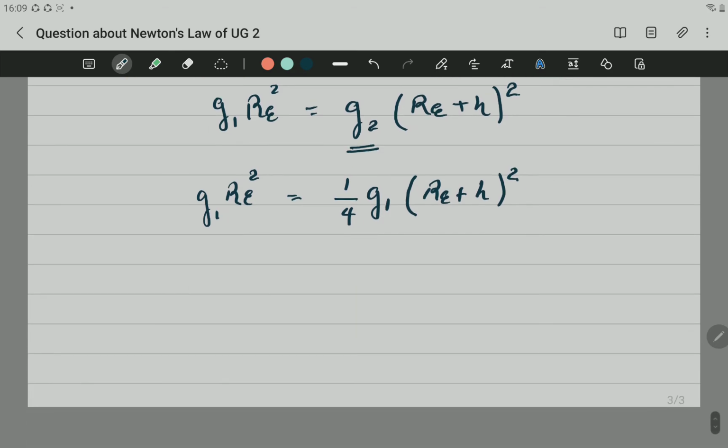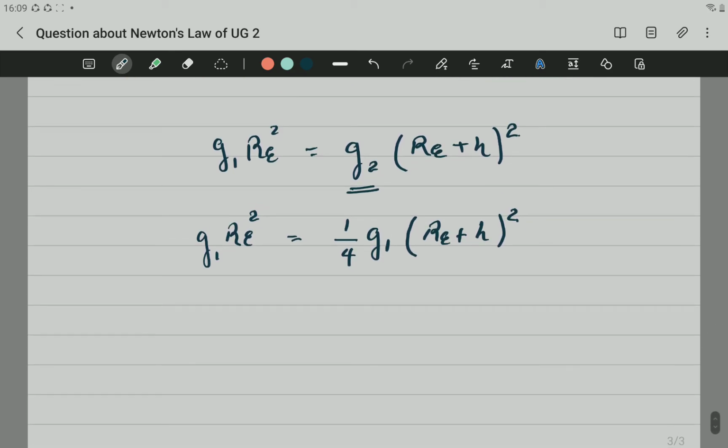If we move this 4 to the other side, we have 4, and not 2, I would like to do that once more, I'm very sorry. It's 4 multiplied by the acceleration due to gravity at the surface of the Earth multiplied by the radius of the Earth to the power 2, and then on the other side we have the acceleration due to gravity multiplied by the radius of the Earth plus the height, everything to the power 2.